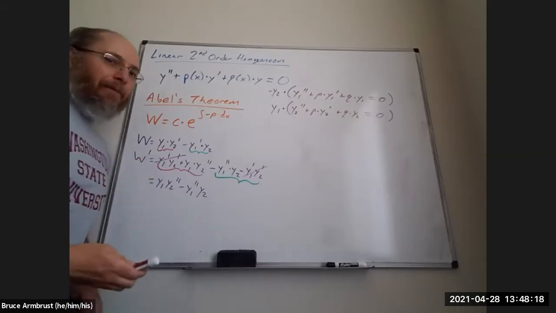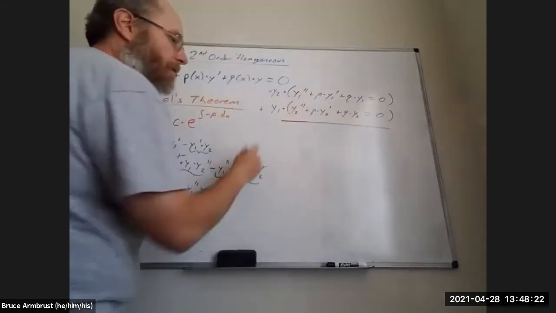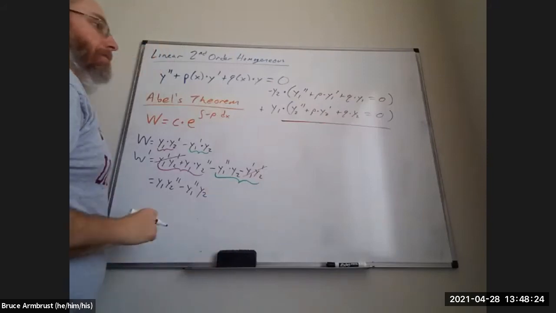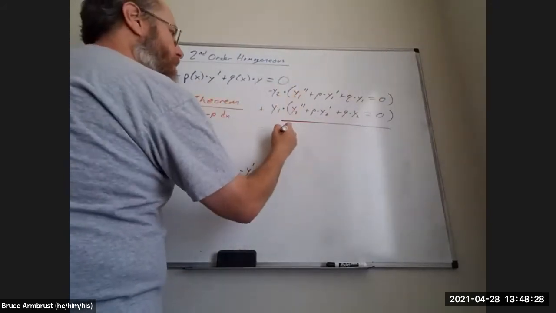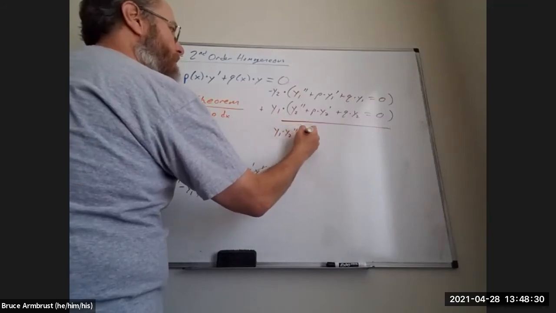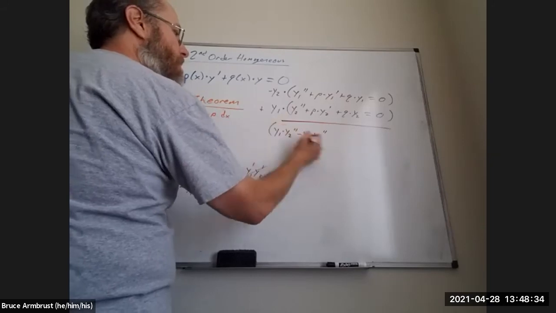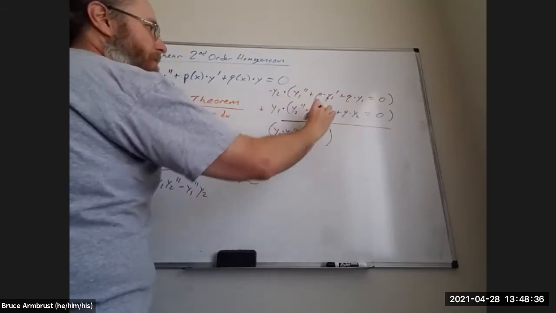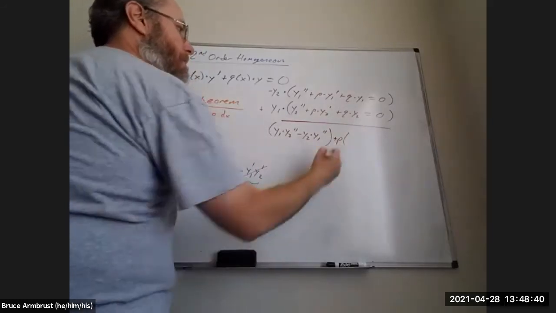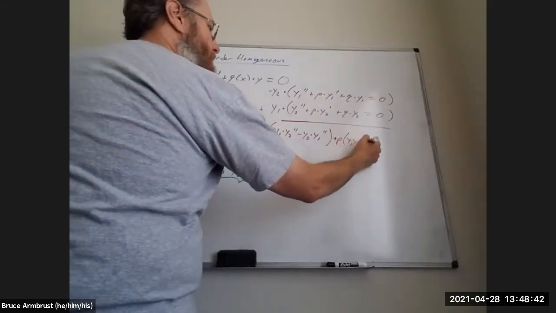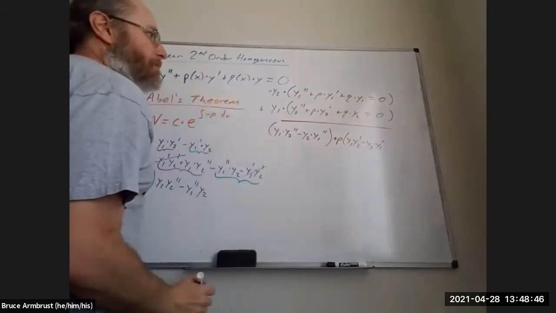And then I'm going to add them together. Good old elimination kind of stuff. Okay, so these first pieces, we're going to get y1 times y2 double prime minus y2 times y1 double prime. That was those two. The next two, I can factor out a p, and I'm going to get y1 y2 prime minus y2 y1 prime.